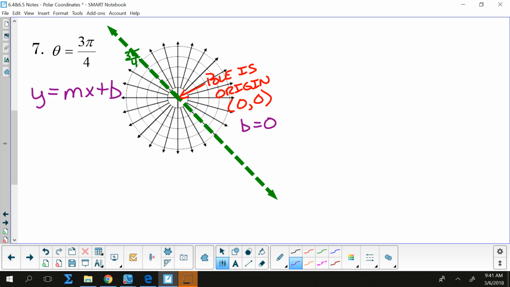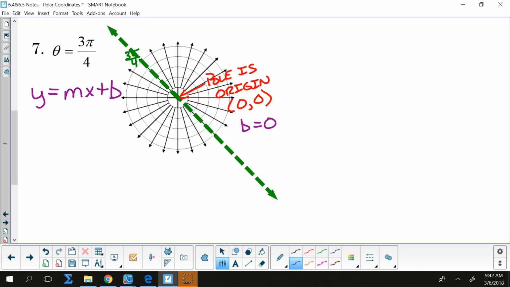How do I find the slope? Isn't it tangent, rise over run? No. Inverse tangent finds me angles, and I have the angle.